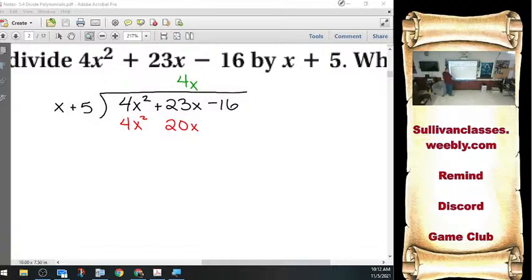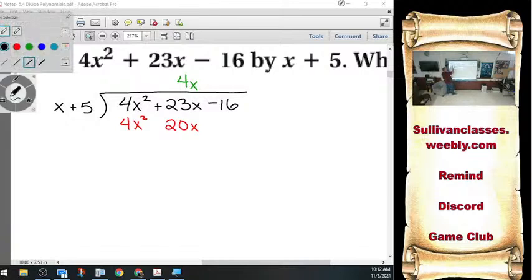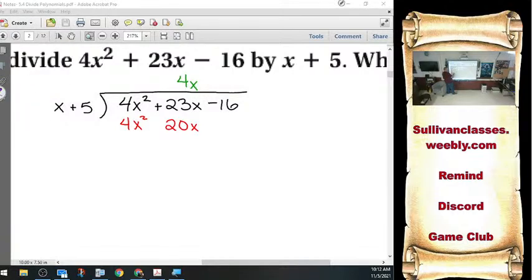So subtract that thing. If I subtract this whole thing, are you cool with me just changing the signs like that? You're subtracting the thing, so change the signs. The 4x squared should go away. That was the whole point of doing this. Now I have 3x. I need another term, so I drop it because it's slightly warm.